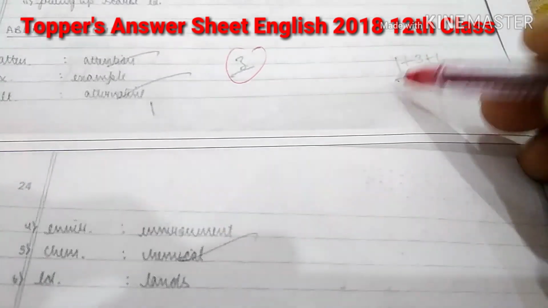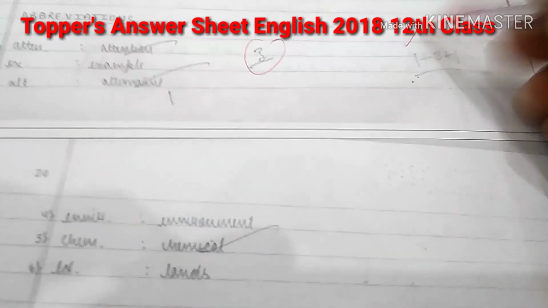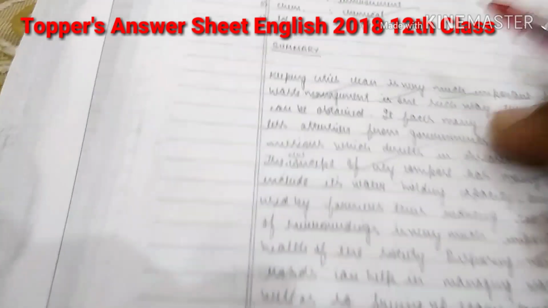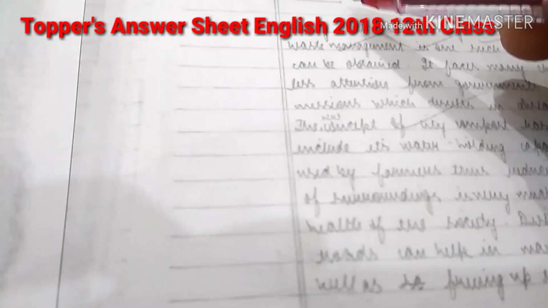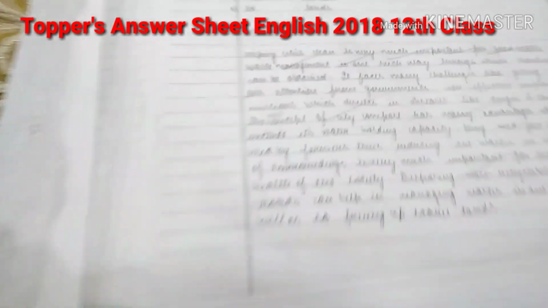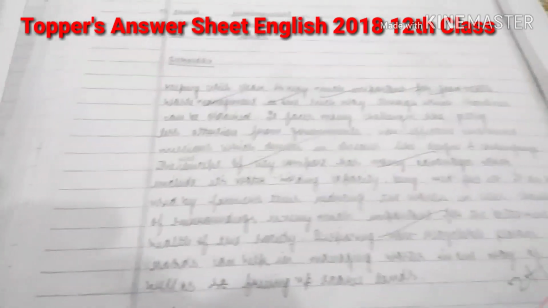You can see here 1 plus 3 plus 1: 1 for title, 3 for notes, and 1 for abbreviations. So 5, as it is for a total of 8. And then summary. The child has written the word summary, and then 1/3 of the total comprehension the child has written here.